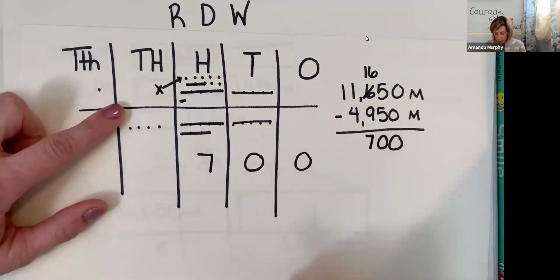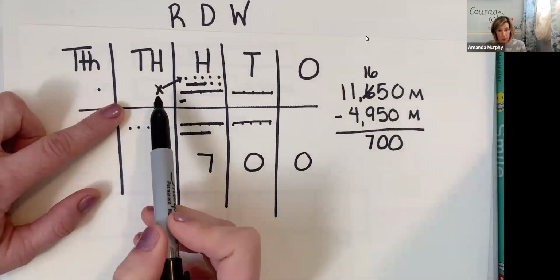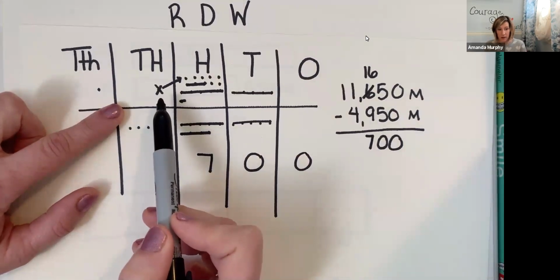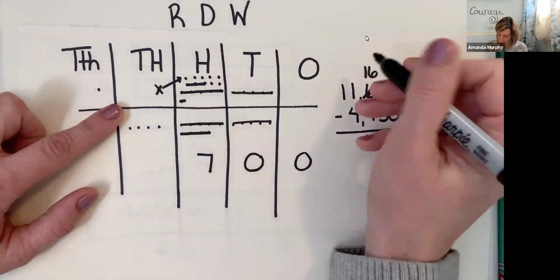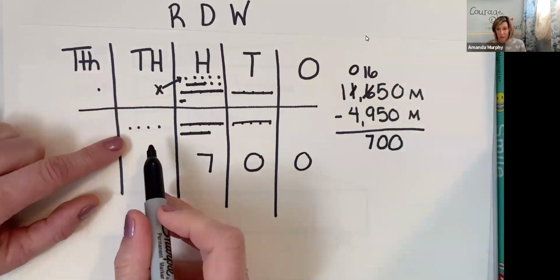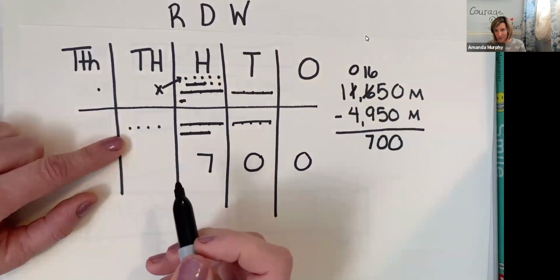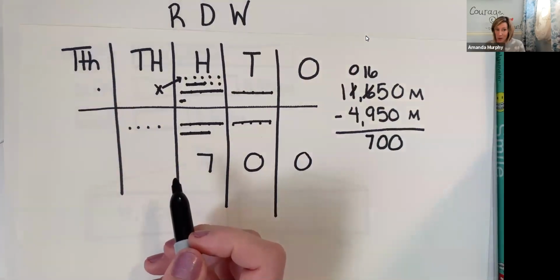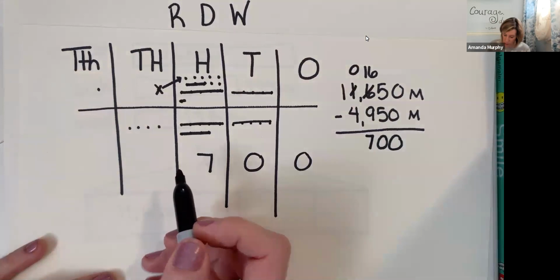When I get to the thousands place, I realize I decomposed the thousands I had. I don't have any more. I have to log that on my standard algorithm. I also notice I need to take 4 away. I don't have them. So again, I'm going to decompose. I'm going to go to the 10,000s place.